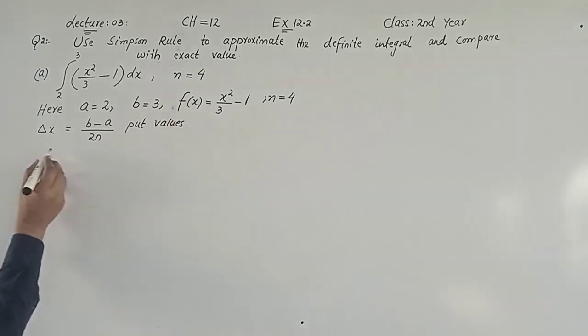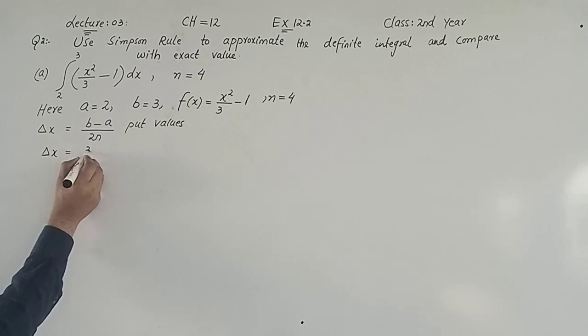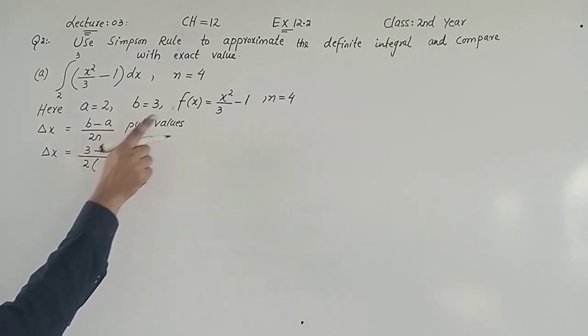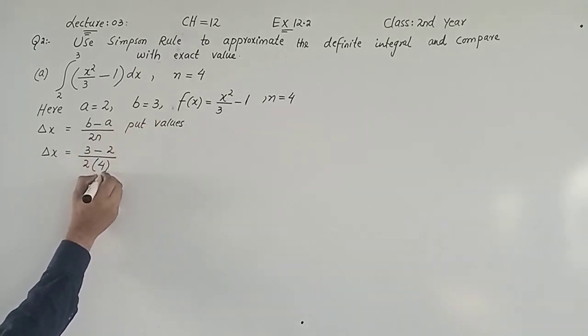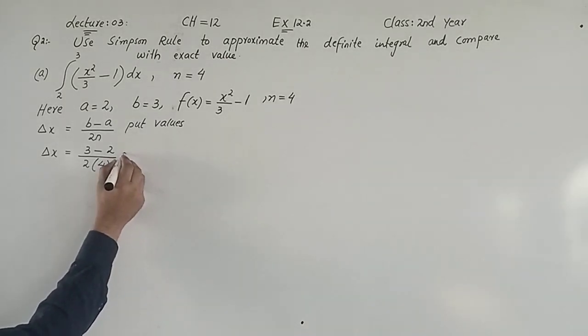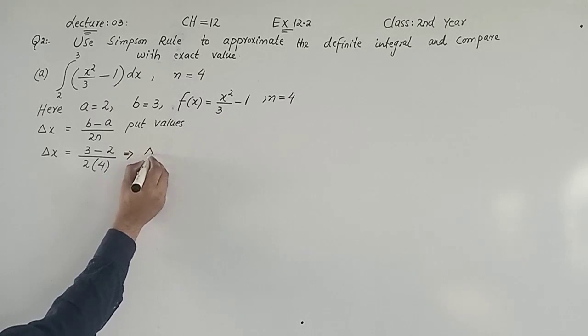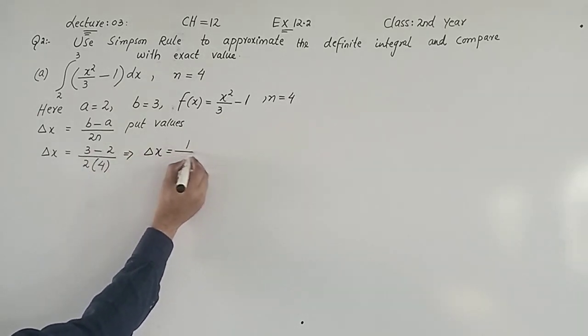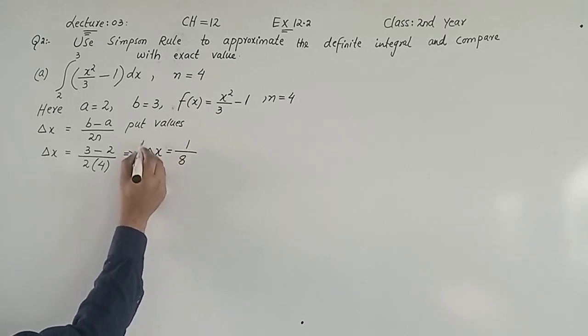So we get del x is equal to 3 minus 2 divided by 2 into 4. 3 minus 2 is 1. So this implies that del x is 1 divided by 8.